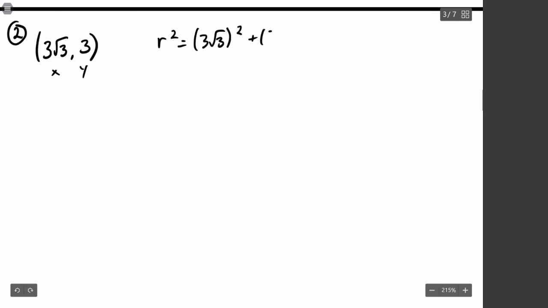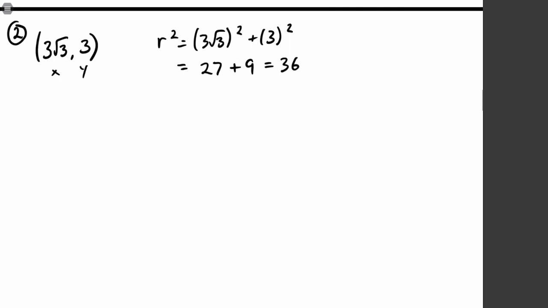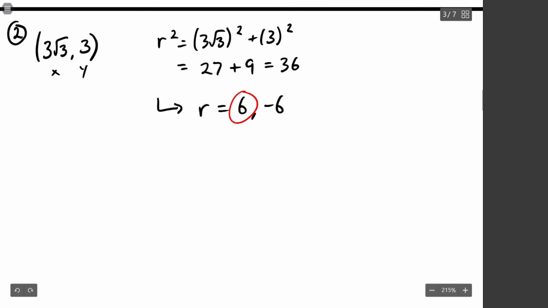So again, this is x and y. So r squared is going to be 3 root 3 squared plus 3 squared. This is going to be 27 plus 9. That's 36. And again, we could take the positive or the negative r value here. Either one actually works, but let's go with the positive one.